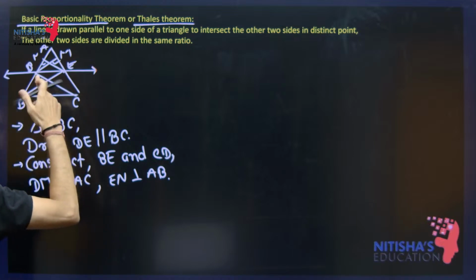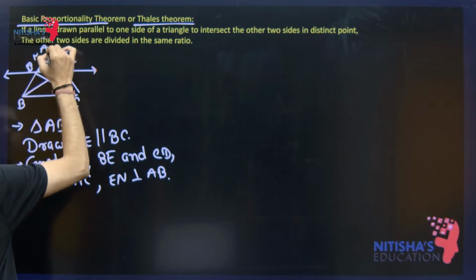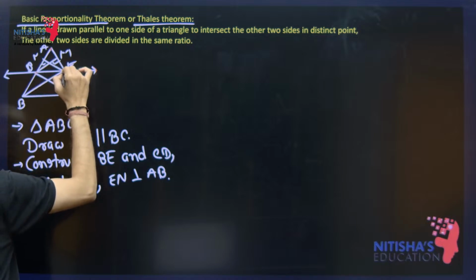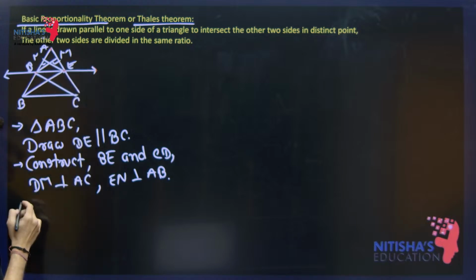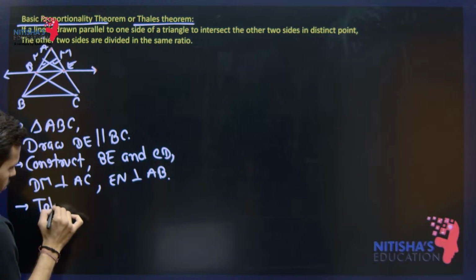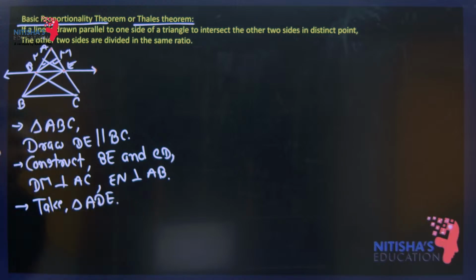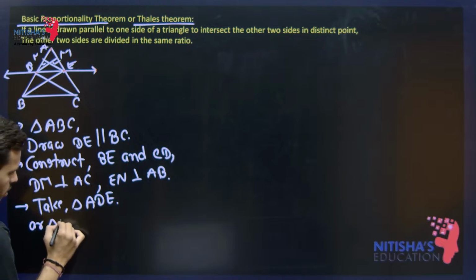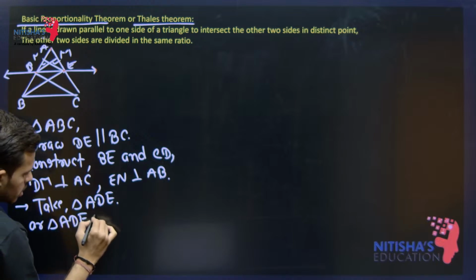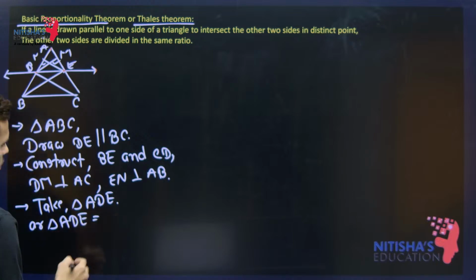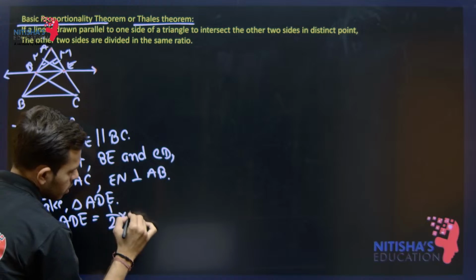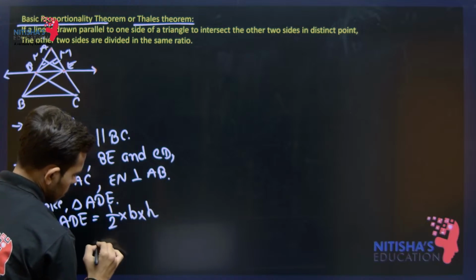let's take the triangle ADE. Now find the area of this triangle. So area of triangle ADE is given by 1 upon 2 into base into height, right?